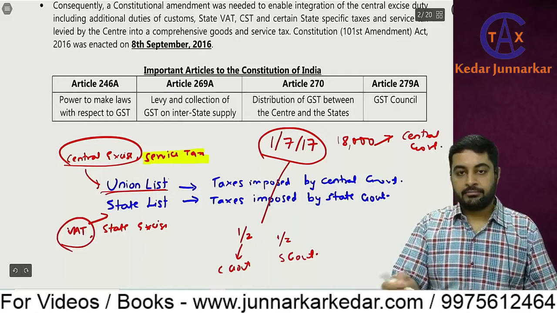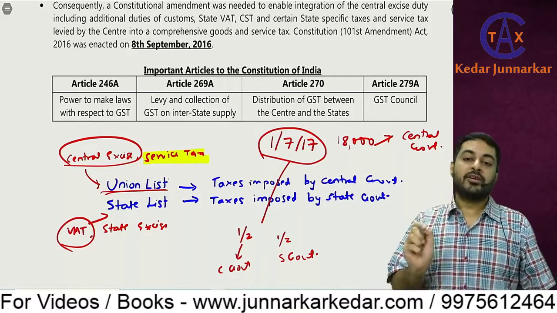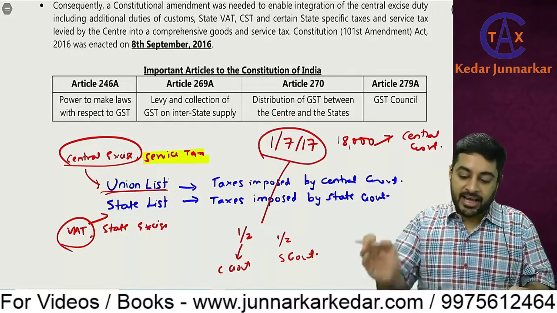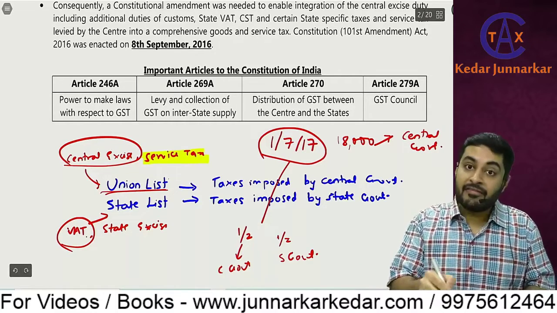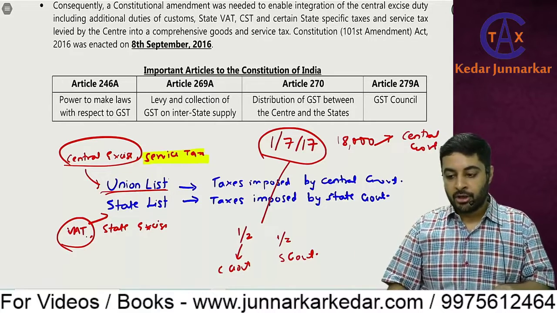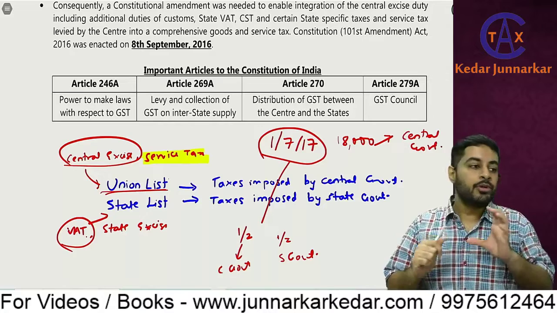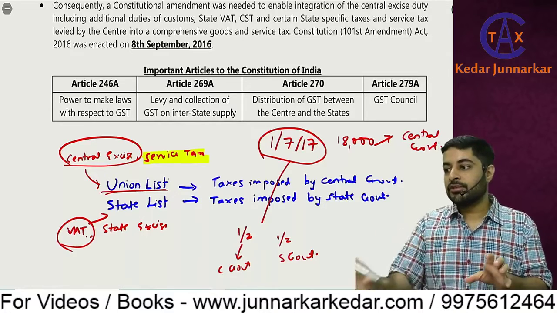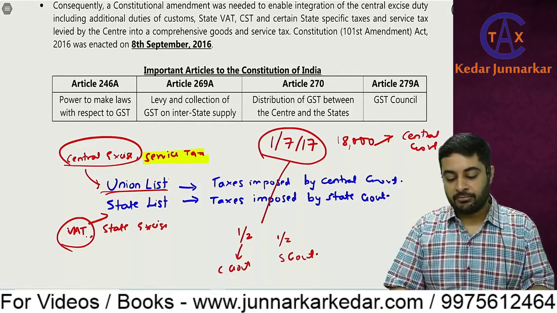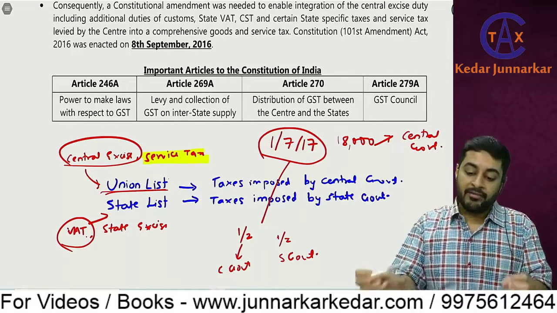Similarly VAT, when I was selling, I was charging VAT, and 100% of that revenue went to state government. Now on that same transaction after 1/7/17, half has to go to central government, not only to state government. So there were taxes only for central government, and taxes only for state government. Now both the governments will be charging tax. As you know, to do anything in our country, we have to have it in our constitution.